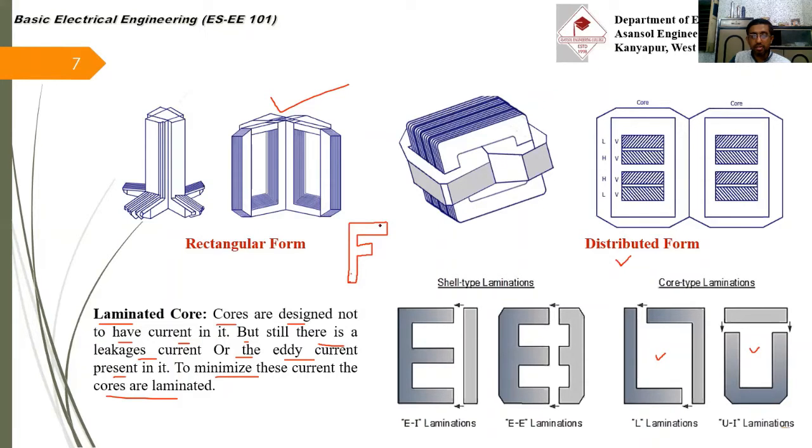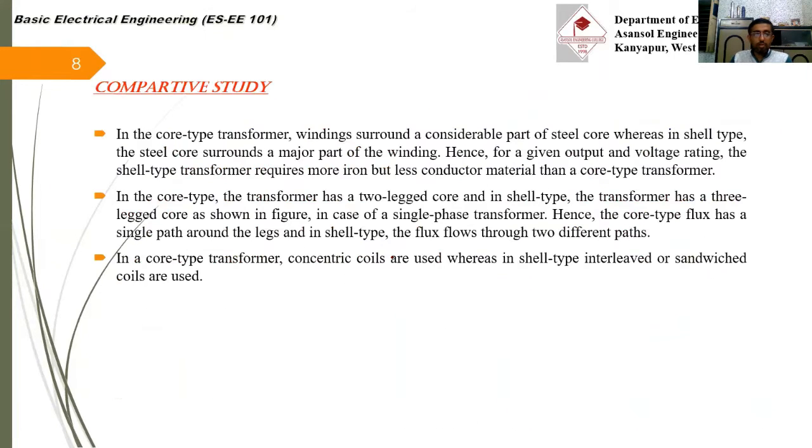And it will look like, here is another F. So these two F kind of laminations, in inverted order, are connected. Now it is the comparative study of core type and shell type.